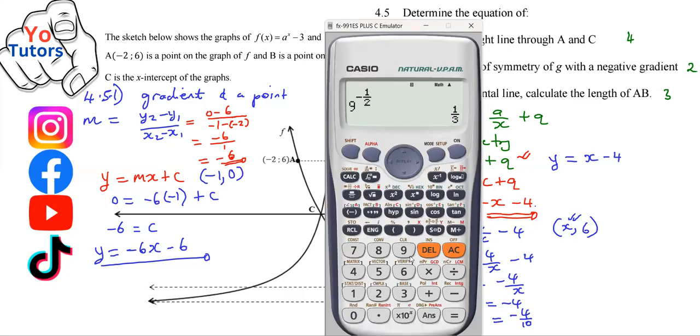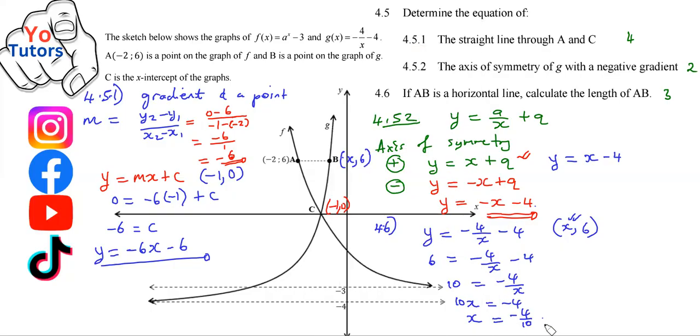Let's just see what we get. -4 over 10 is -2 over 5, which is -0.4. So this is equal to -0.4. Now what we have here is actually 0.4.